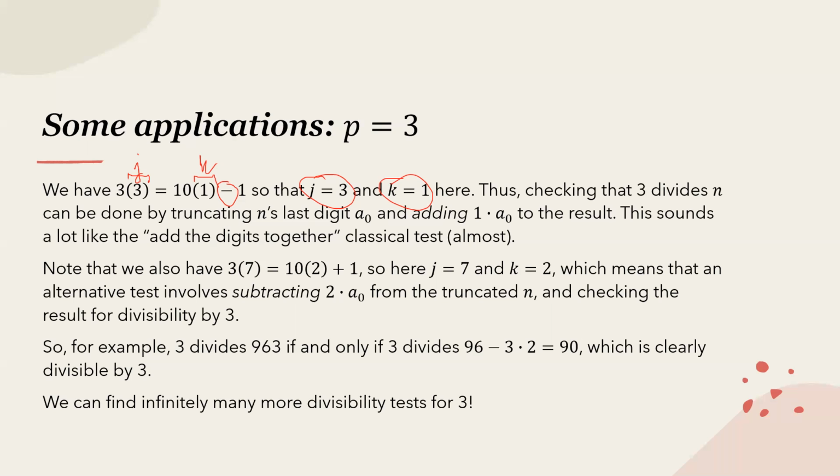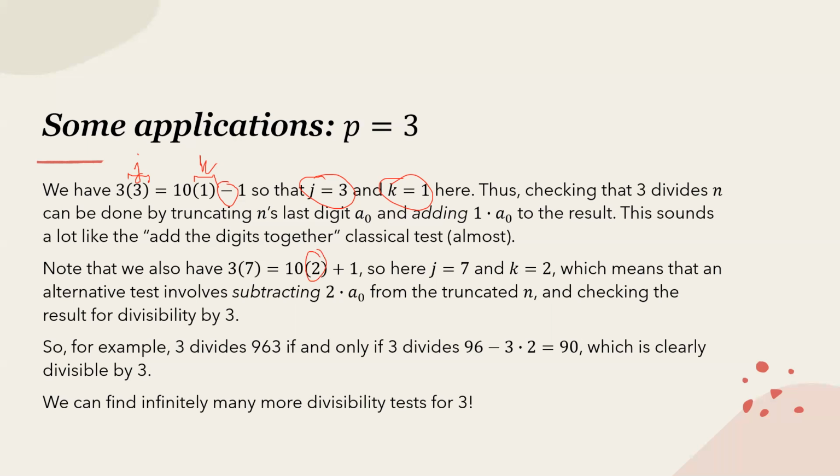Here's another one. 3 times 7 is 21, correct? And that's 10 times 2 plus 1, right? And we kind of hone in on this 2 right here. That's our k. And so what's an alternative test?